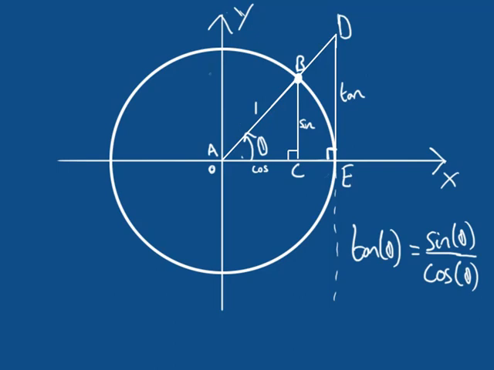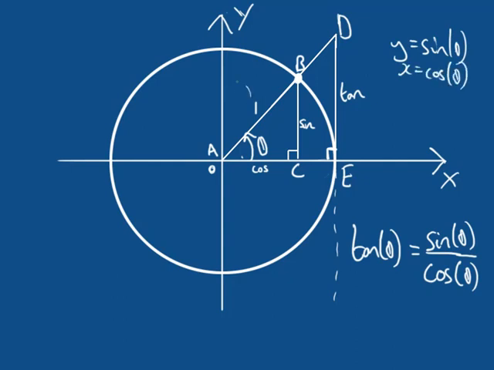Now, as we continue past 90 degrees, we can see that our tangent should then decrease again. But we need to be careful here, because notice what happens to our value of sine and cosine once we pass that 90 degree point. Remember, y is equal to the sine of theta, x is equal to the cosine of theta.